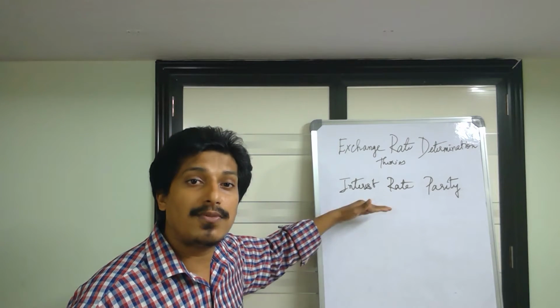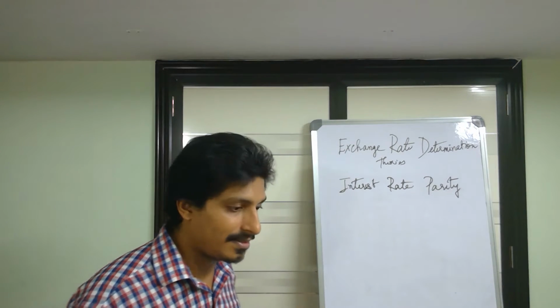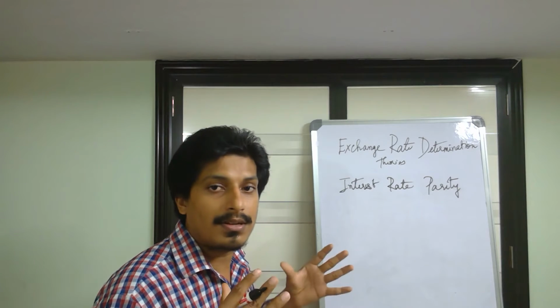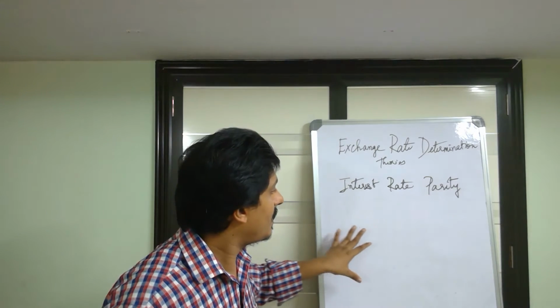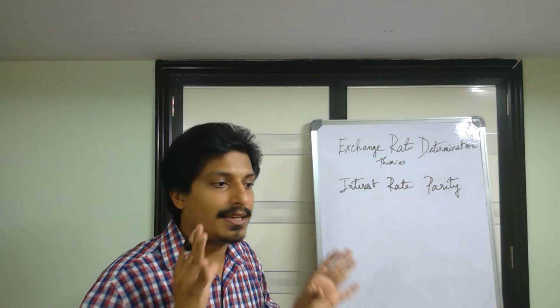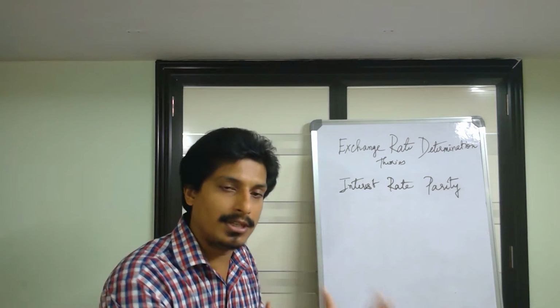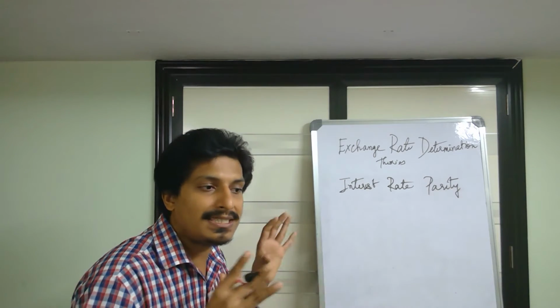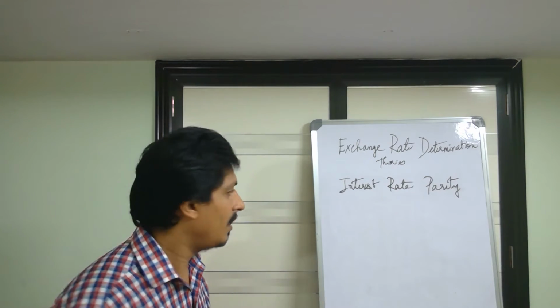Let us see how the formula for interest rate parity is derived, or in other words, what is the equation that shows interest rate parity in two countries. The future value that you receive should be the same from both the countries.